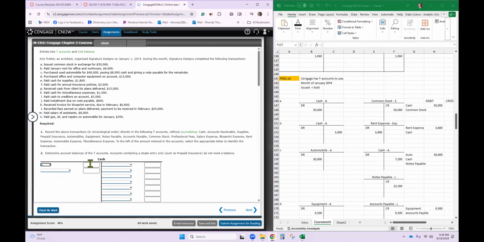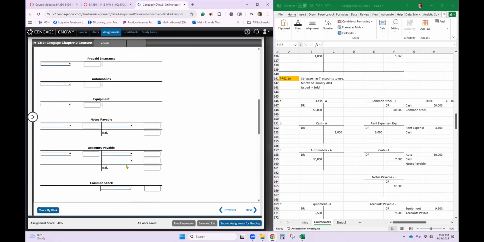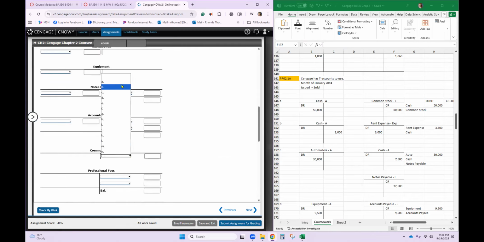All right, so up it goes, and I'm going to go kind of fast with this. Okay, we're going down to common stock, the letter A, 50,000. Okay, so please follow along. Stop if you need to, but I am going to move along here so that I can get finished.